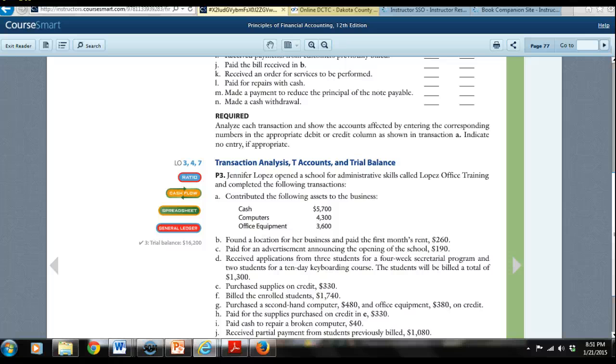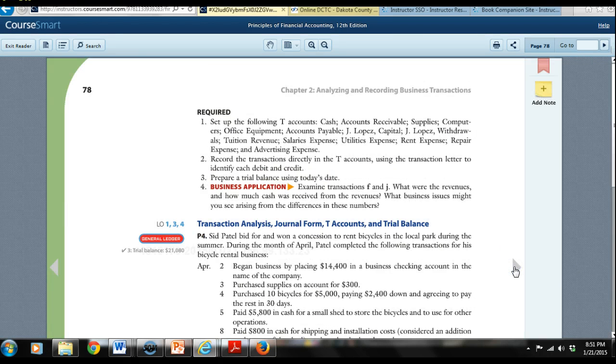Cash, $5,700. Computers, $4,300. Office equipment, $3,600. So what we first need to do is record the transactions right into the T accounts using the transaction letter to identify each debit and each credit.